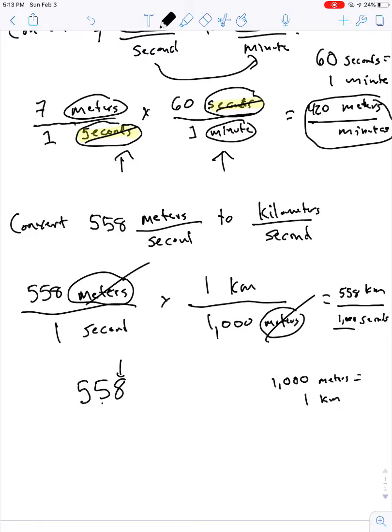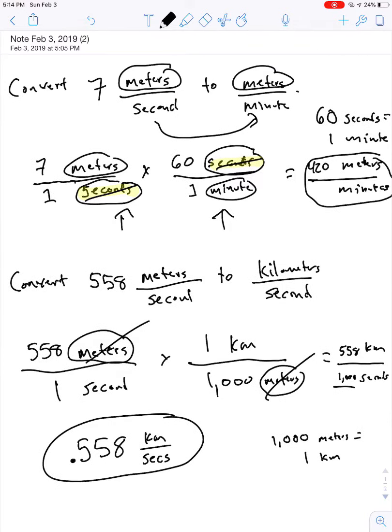However, if instead I put the decimal right here, it would be tenths, hundredths, thousandths. This would work. So this would be my answer. My answer would be 558 thousandths, or 0.558 kilometers per second. And that's what the question asked for.